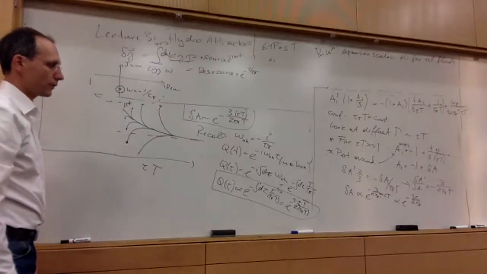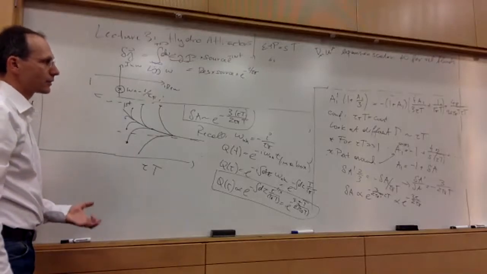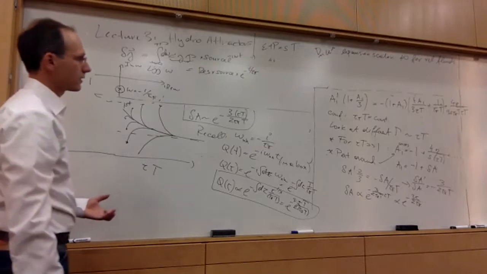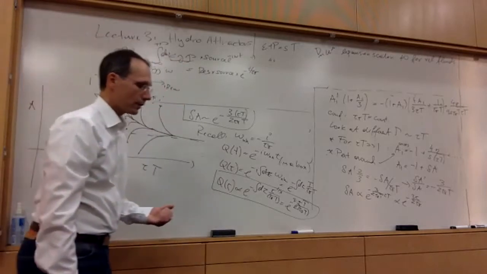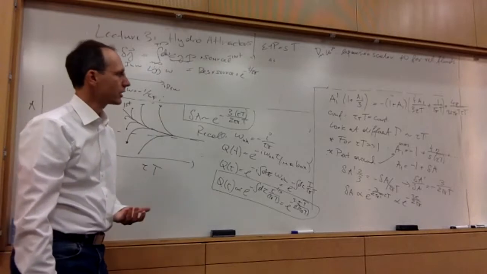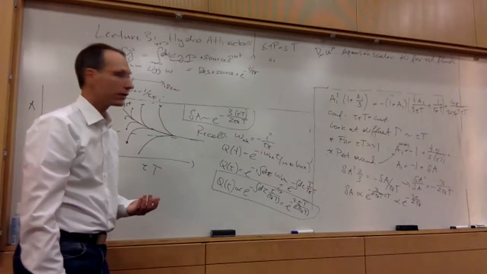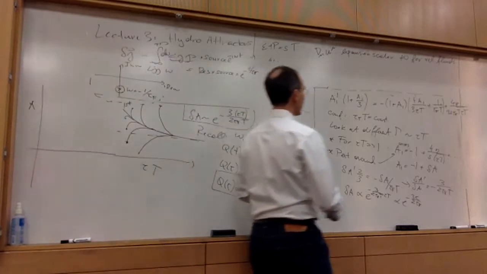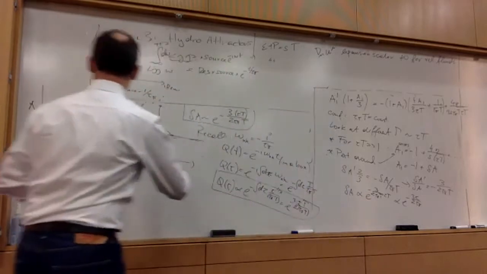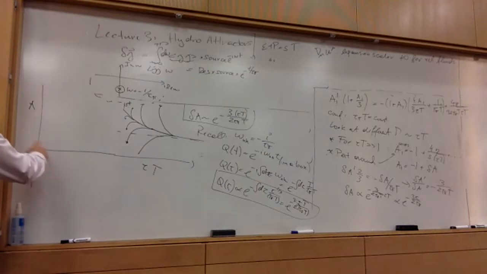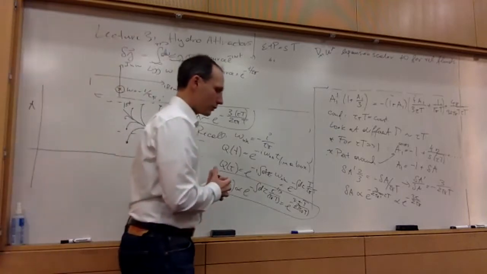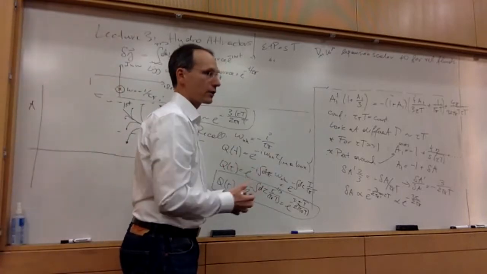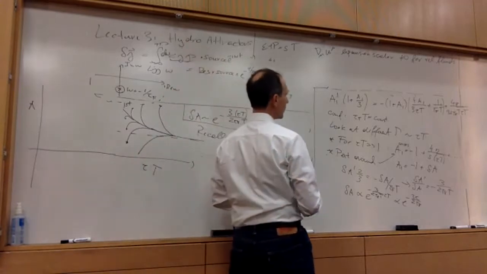In order to get an analytic understanding of what's going on, we can use a technique borrowed from cosmology, which is called a slow roll expansion. The idea being that if we have an attractor curve, in particular at very large gradients, then that curve should have a special structure in terms of this A1.